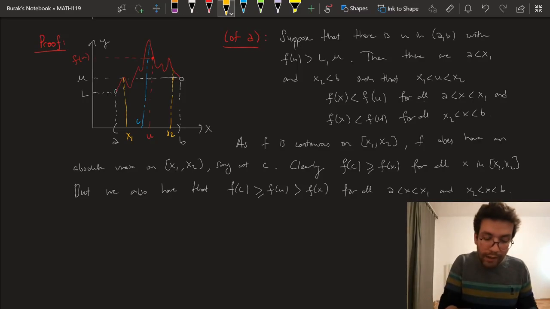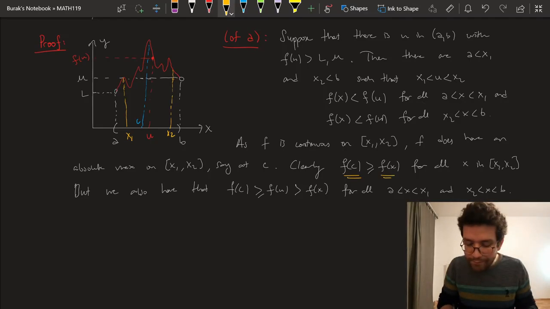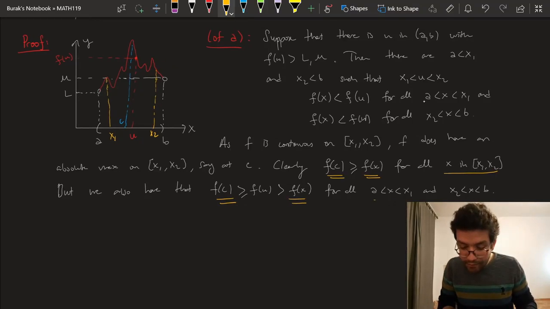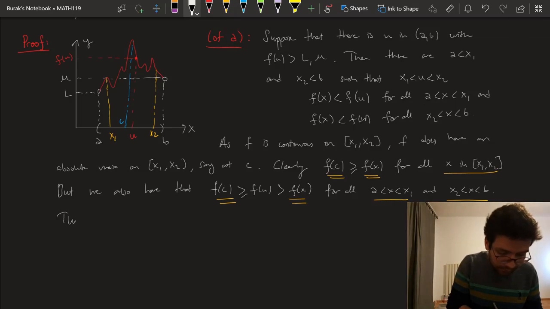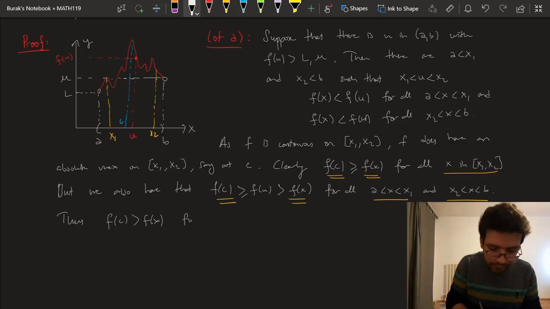But now look what I have here. f of c is greater than or equal to f of x for all x in this interval, but it's greater than all f of x for all x in the remaining parts. Thus, f of c is greater than f of x for all x in the interval ab.